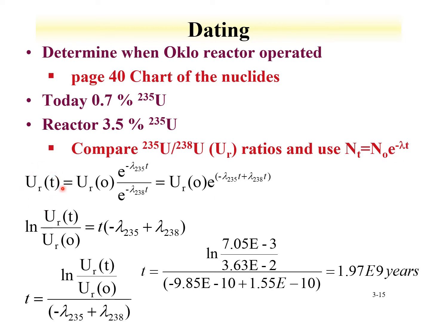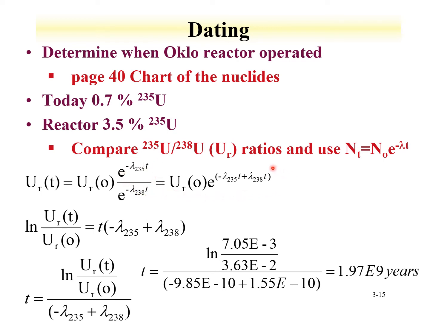The time is the same. Let's rearrange this equation so that the amount at time 0 is just equal to e to the minus lambda 235 times t plus lambda 238 times t.